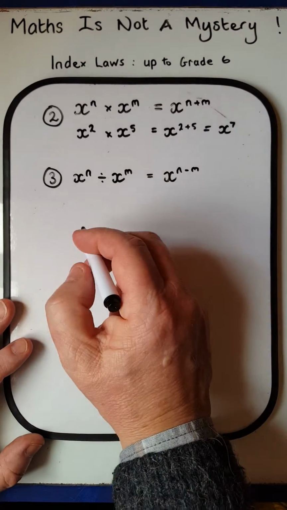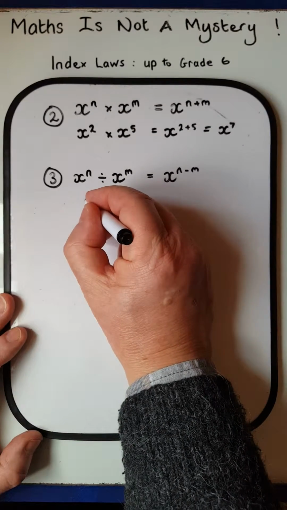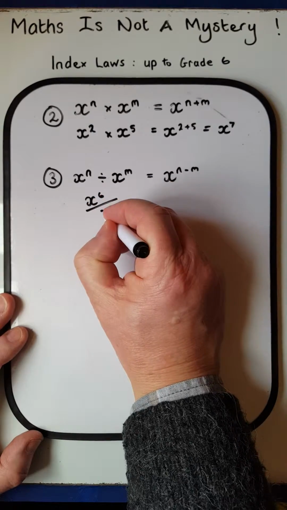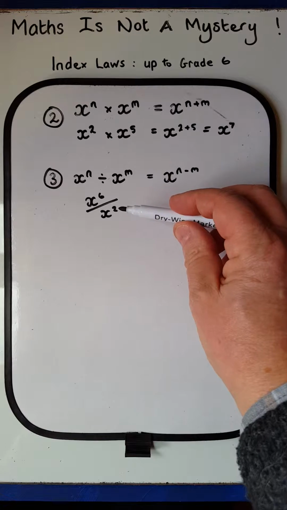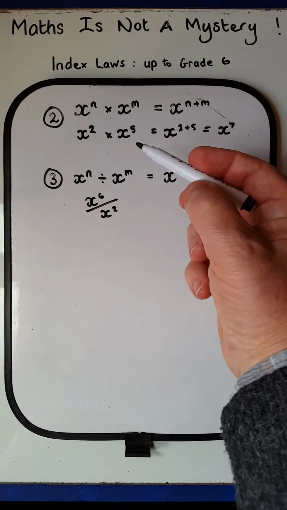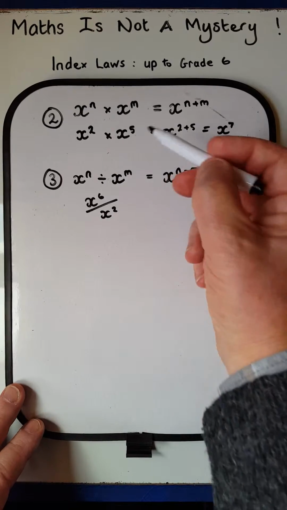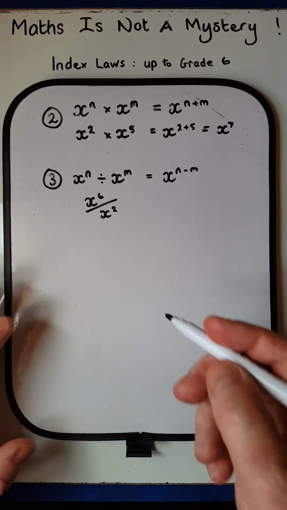Put some numbers to it, and I'm going to write it out in the alternative way just so that you can see both. So x to the power 6 divided by x squared. So remember that this is the same as this. The little divide sign with a line and 2 dots over it is exactly the same as a line and 2 numbers over it, at either side of it.